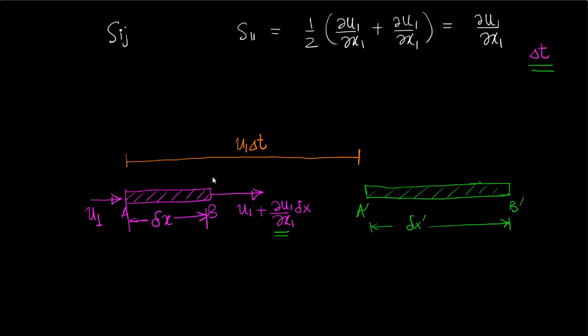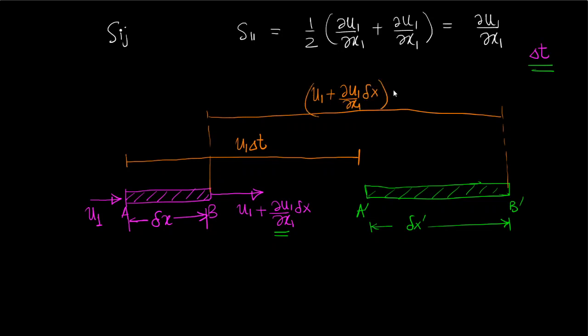After a time delta t, point B, which was initially over here, would move a distance equal to u1 plus del u1 upon del x1 delta x times delta t.